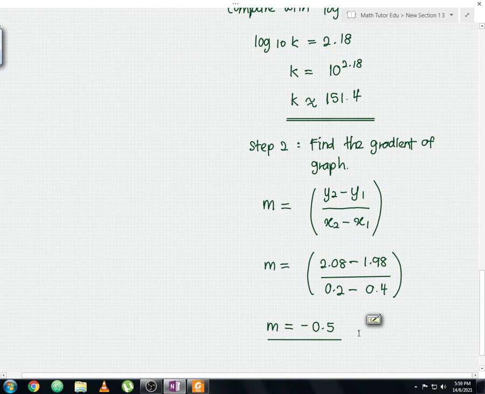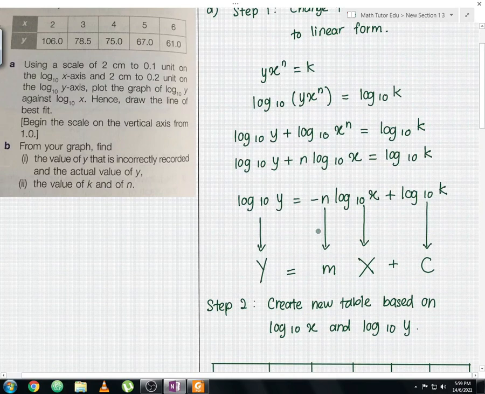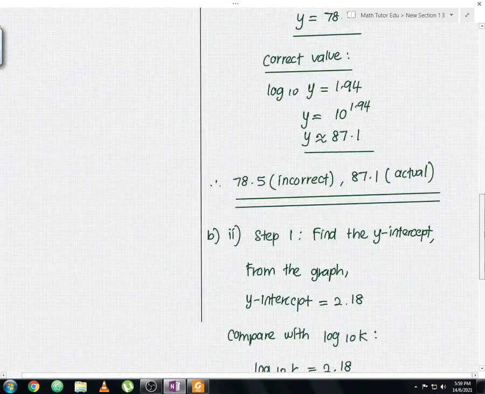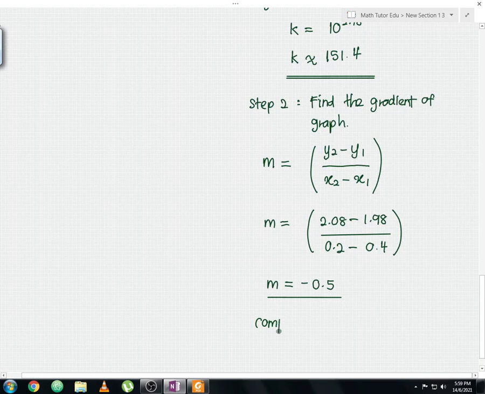But then there is another gradient value that we have obtained, which is actually from the equation, which in this case is negative n. So for the next step, we're going to compare this negative n with negative 0.5 over here. So let us perform the comparison.